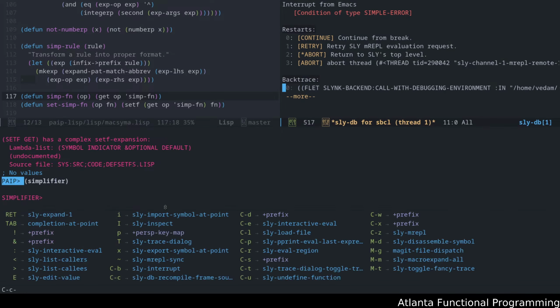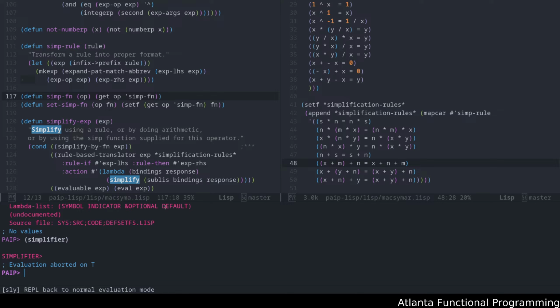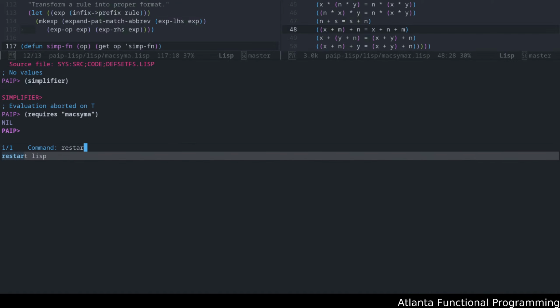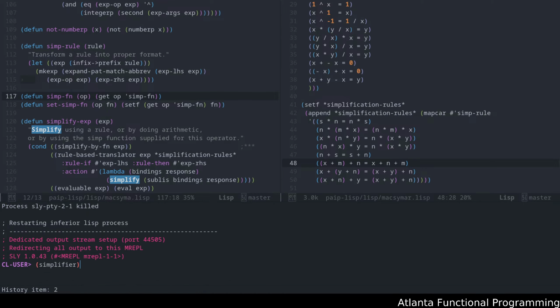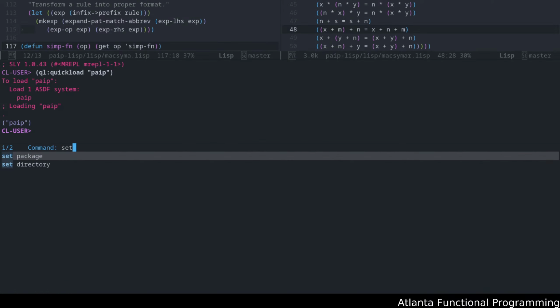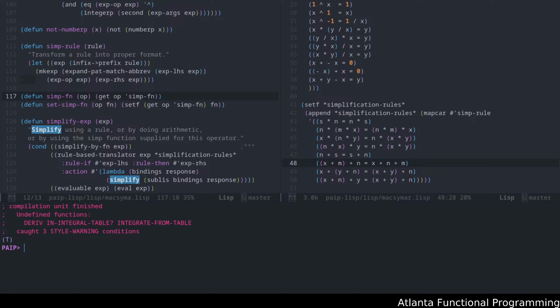We may need to recompile our requires Macsyma. Ah, shoot. I'm going to have to restart my Lisp to get this to recompile Macsyma. Set package PAIP. Now let's require that. Good. Simplifier.